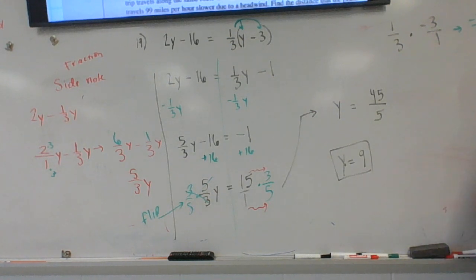What's your question? Are you still on 49? Yeah, 49. But there's so many people that aren't ready for that yet. Does anybody have a question before number 49? 48 and 49. Anybody else have a question besides 48 and 49?